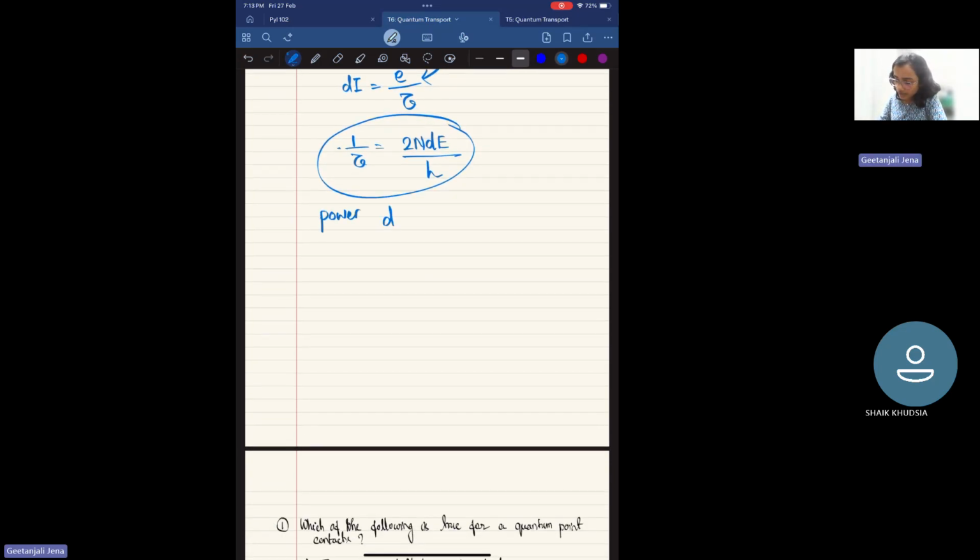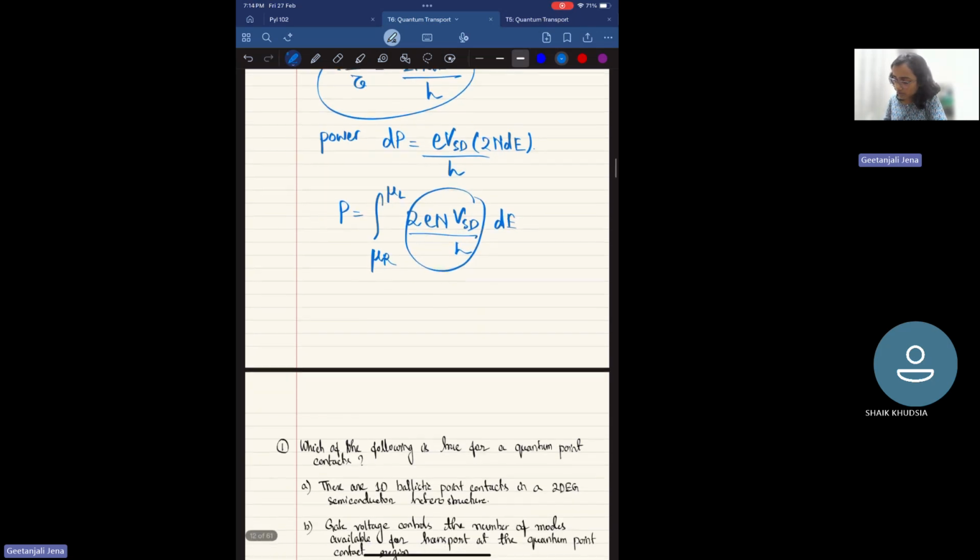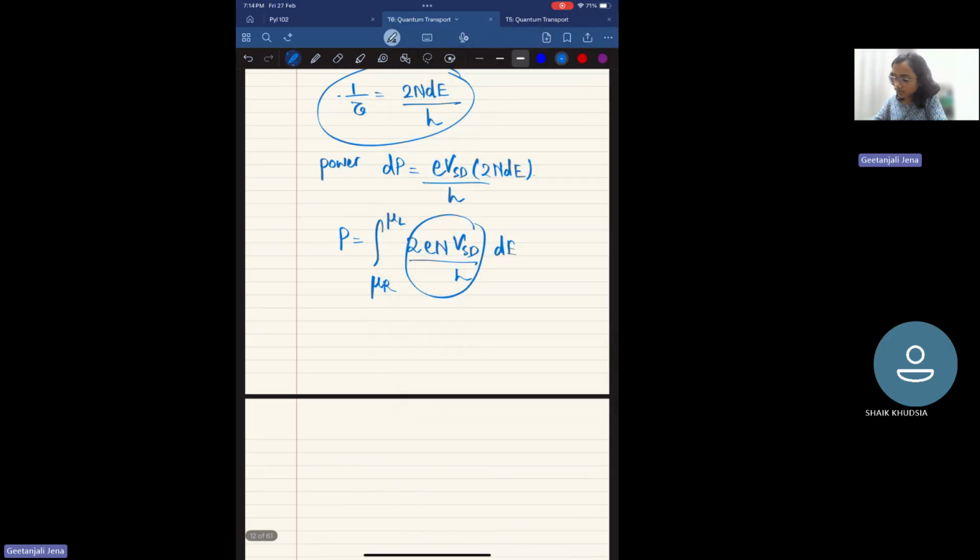So the power dP is total energy deposited by time, which is 2 N dE over h times E V_SD. The total power you can calculate by taking the integration from mu R to mu L. These are all constants, fixed, and can be controlled by us.